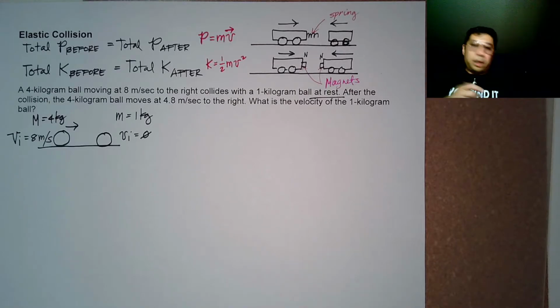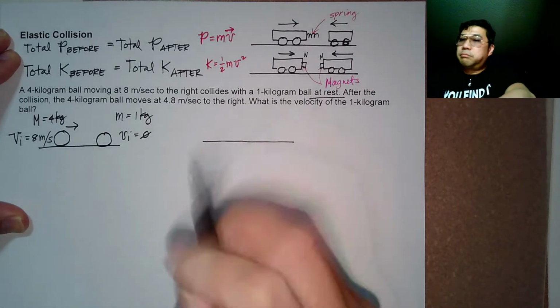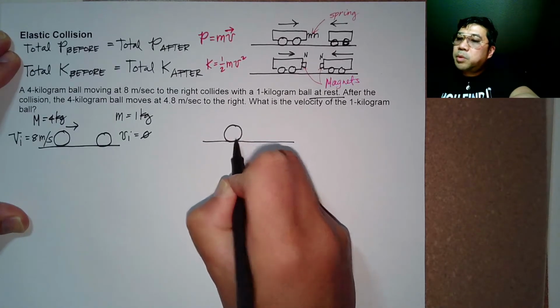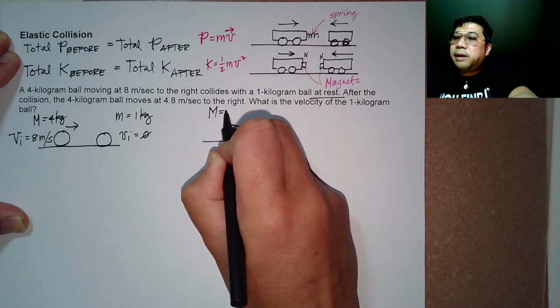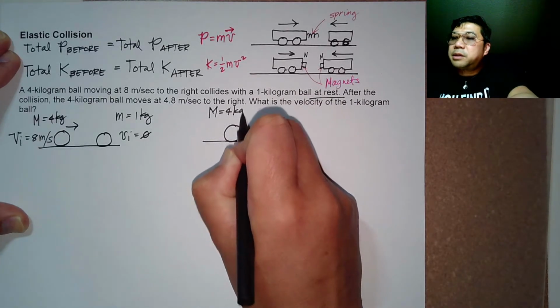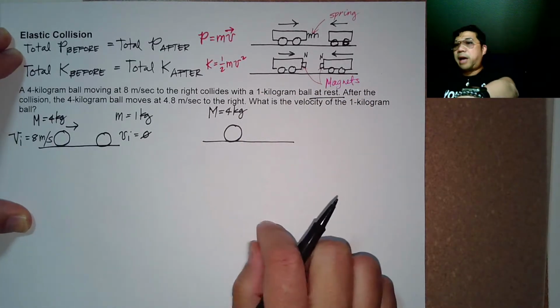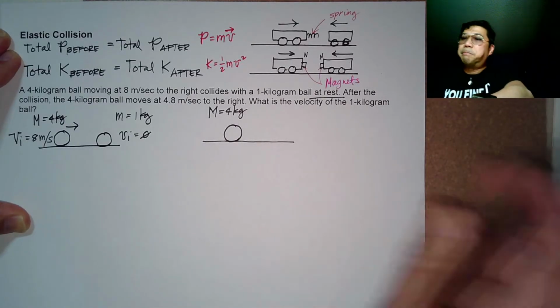Next is to draw the diagram after collision. According to the problem, the mass didn't change. Just like I mentioned in the previous videos, mass is not affected in this collision, as we are not damaging or destroying the objects involved.